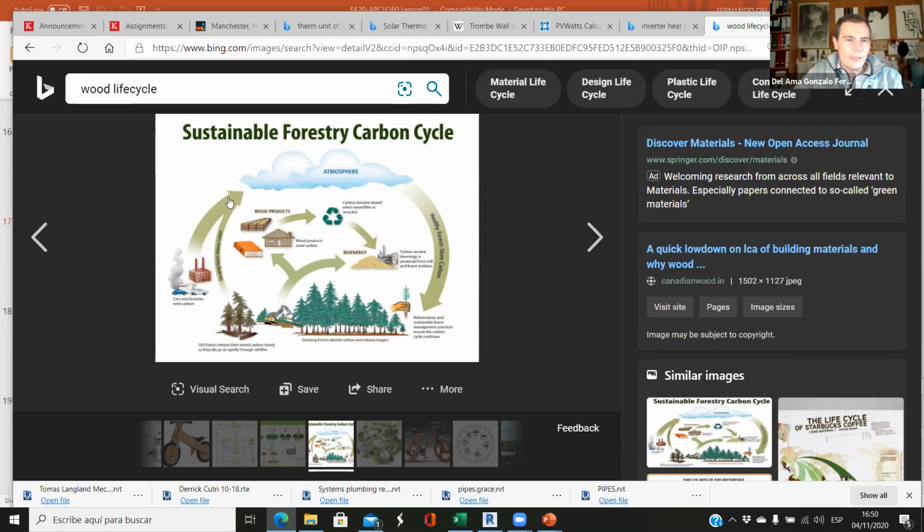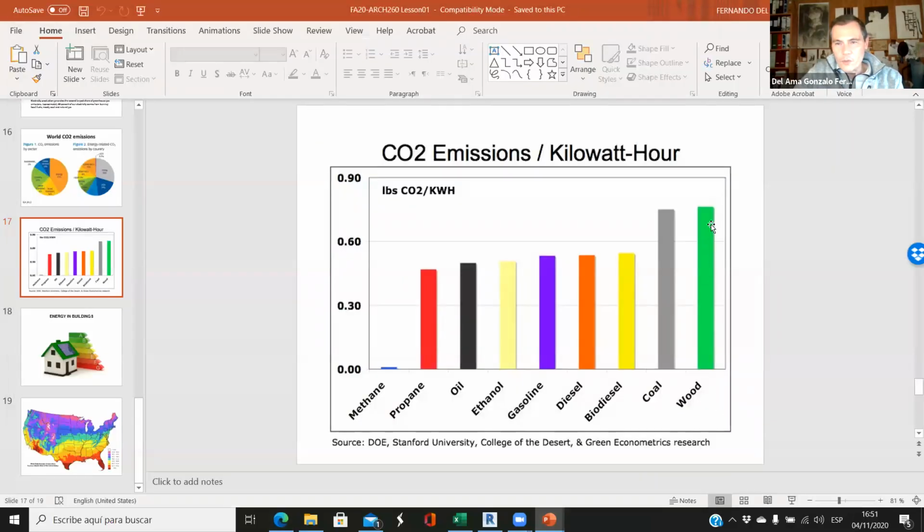Any boilers, we emit CO2, and then part of this CO2 is absorbed by the trees. If we burn wood, we will emit more CO2 to the atmosphere, but the life cycle balance is positive. So we can absorb more CO2 than the CO2 that we emit by burning wood. That's why when we see this graphic, wood is the worst. It is, yes. But if we consider the CO2 that this wood has absorbed, the balance is better.